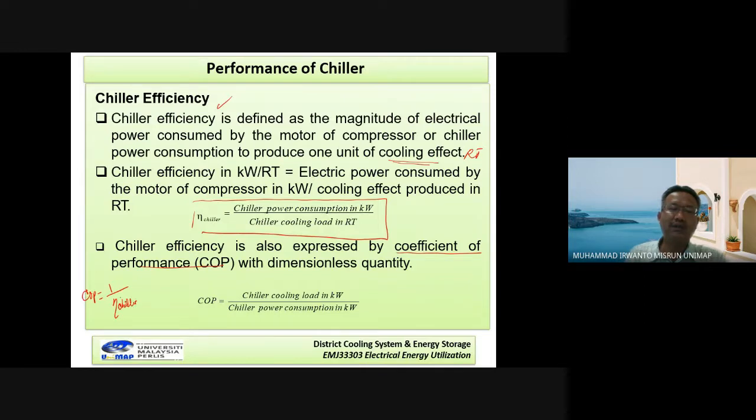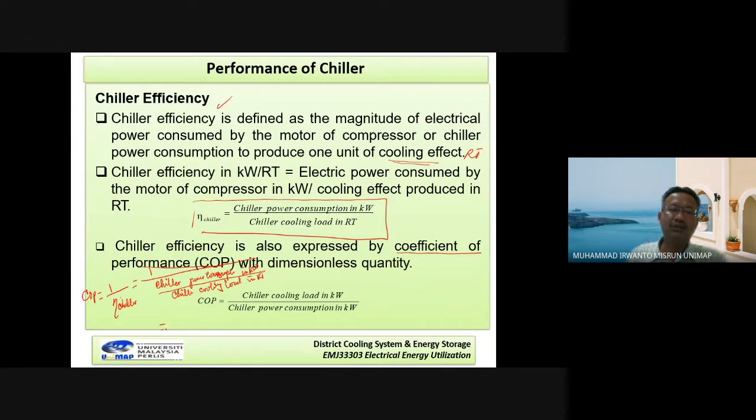So it is equal to 1 over chiller power consumption in kilowatt over chiller cooling load in RT.